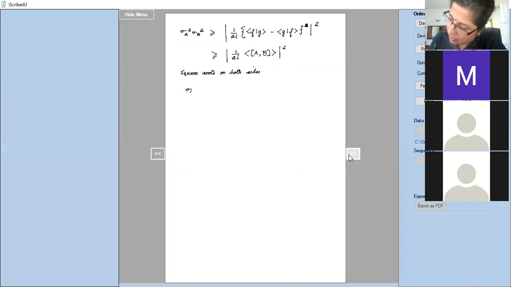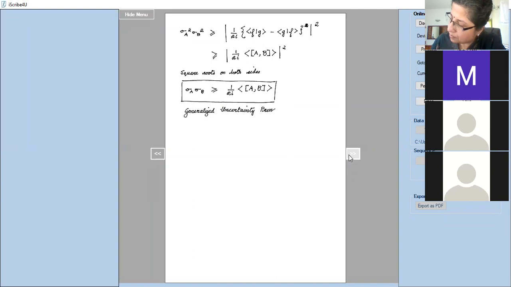We'll get sigma A, sigma B is greater than or equal to 1 by 2i expectation value of commutator of A, B. Okay? This what we have derived over here is your generalized uncertainty principle. Okay, this is your generalized uncertainty principle.